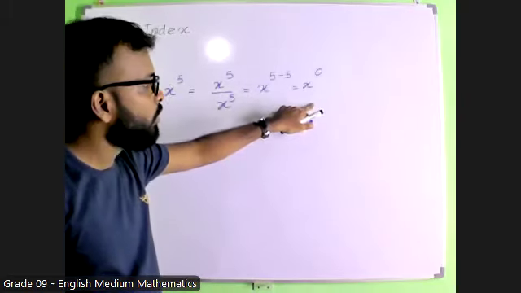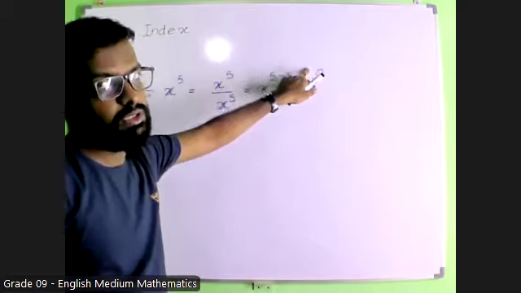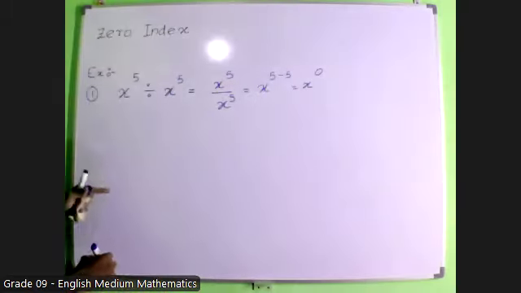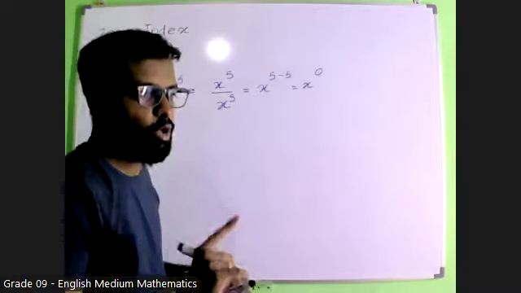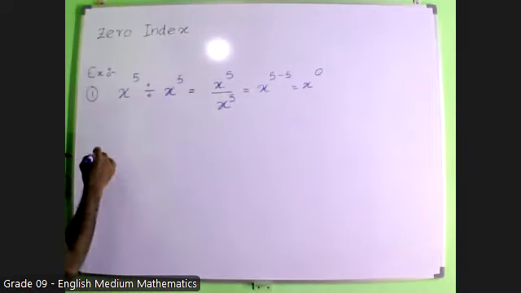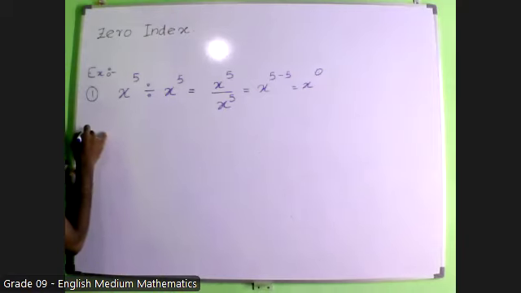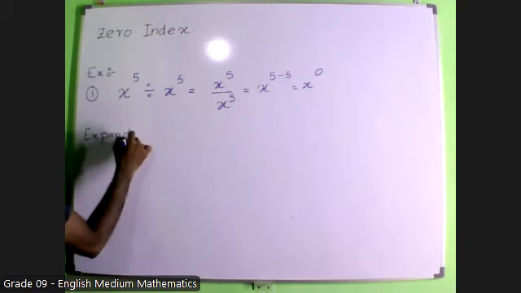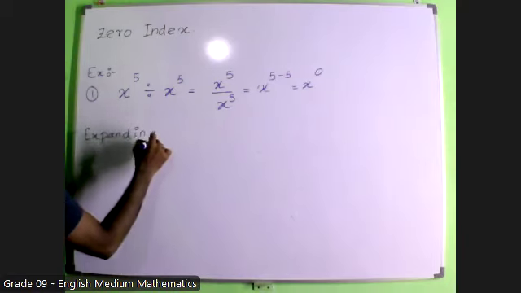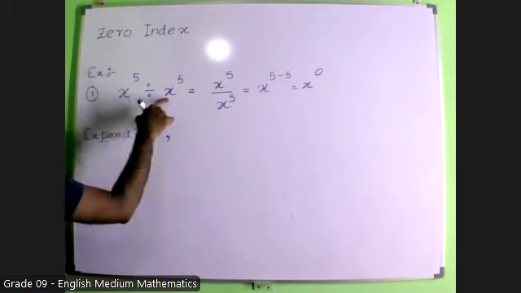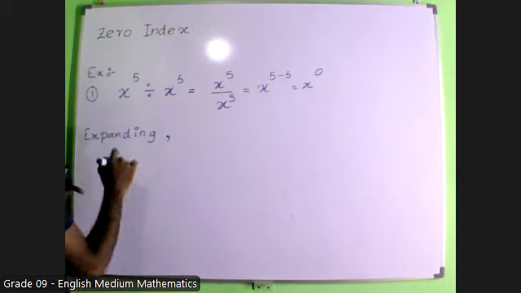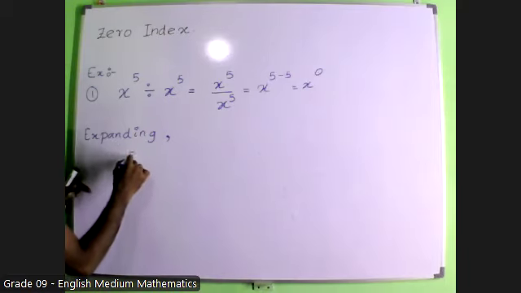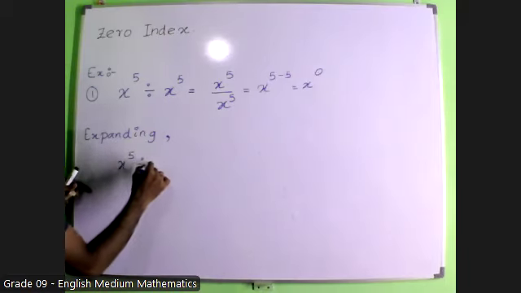And we are going to take an answer for this, x to the power 0. Now look at the rule. I am going to expand the same thing. x to the power 5 divided by x to the power 5.